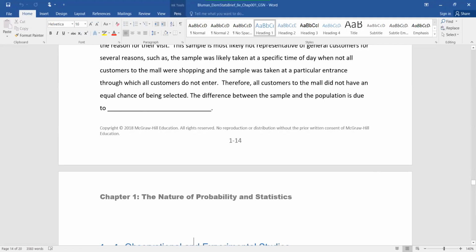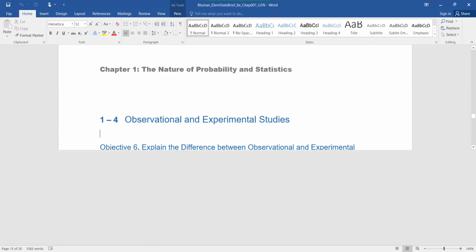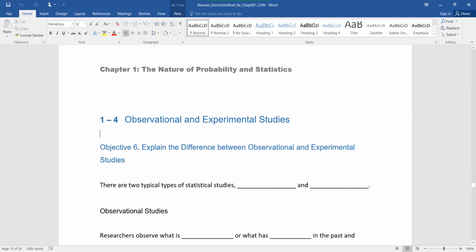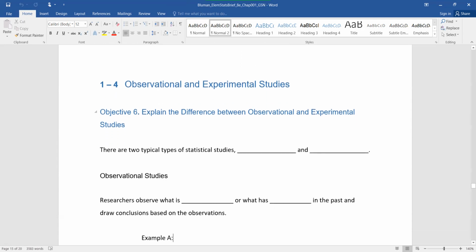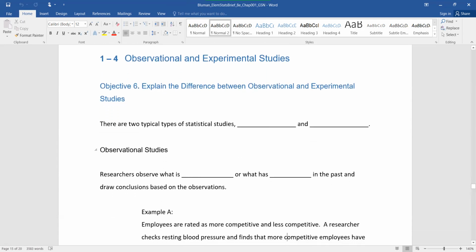So again, I told you this is a lot of words, not much math. All right, so let's get into today's topic, which is 1.4 observational and experimental studies. So again, observational is kind of what you see in a sample versus experimental, where you take the entire type of population. But here we go.